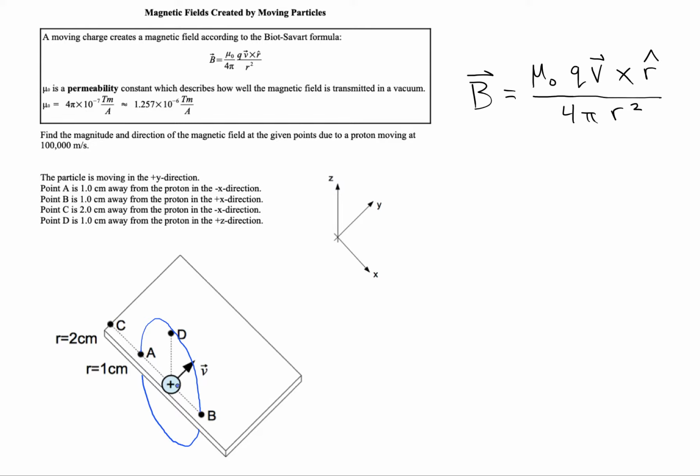Now we can see that our particle is moving in the positive y direction right now according to the given coordinate system. So we want to go ahead and point our thumb in the direction of motion of the positive charge. Then simply imagine wrapping your hand around that y-axis right now.